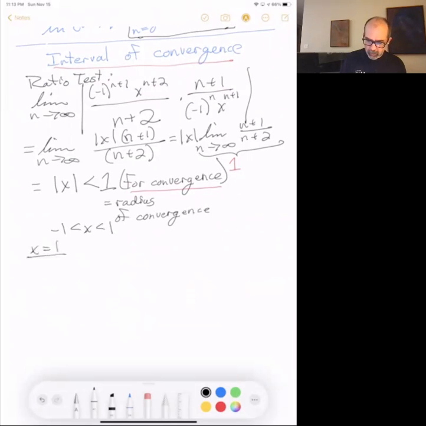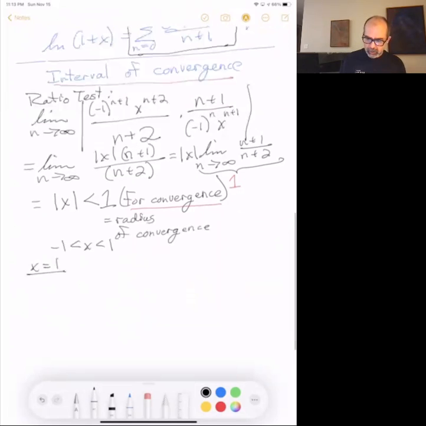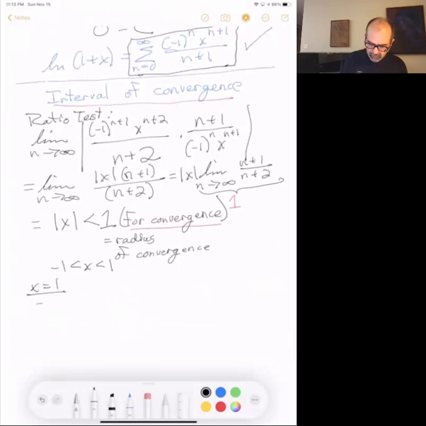So x equals 1. When I go back and check my series, that means I have the sum from n equals 0 to infinity of negative 1 to the n over n plus 1. This is an alternating series, so I can do the alternating series test on this.